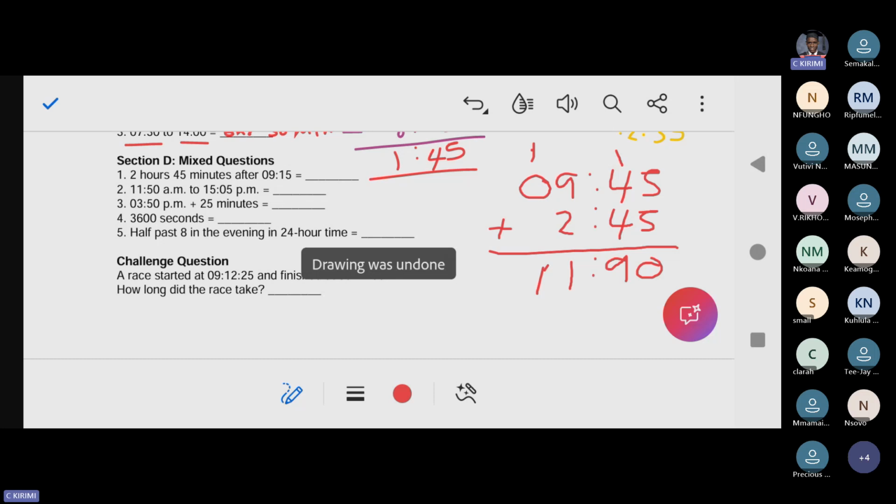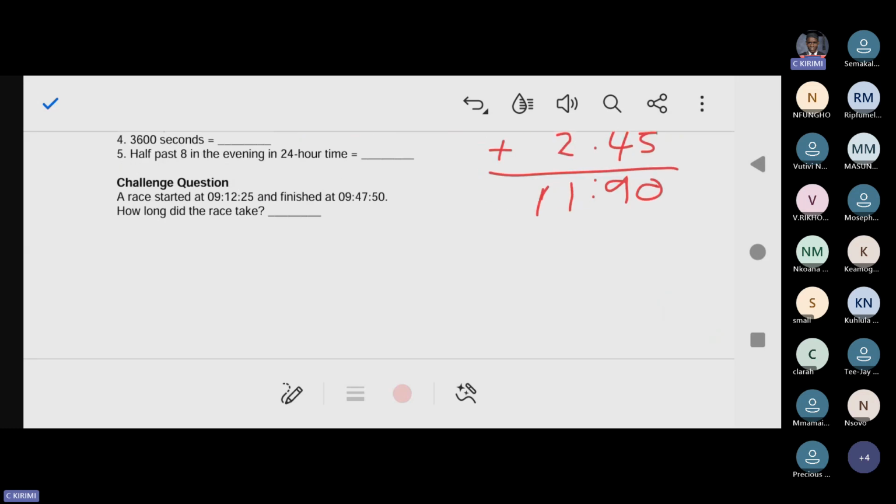But the minutes must not exceed 60 minutes, which means when it becomes 60, it becomes another hour, so we need to divide. We want to change that 90 minutes to hours and minutes. So how do we change the 90 minutes to hours and minutes?